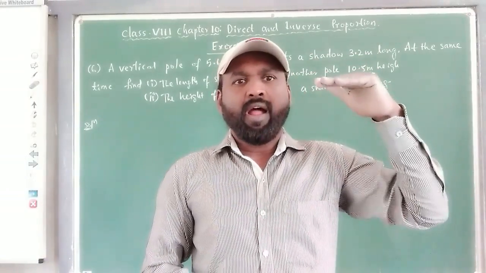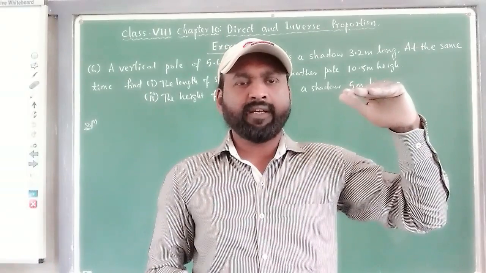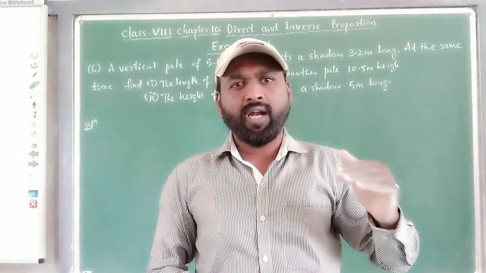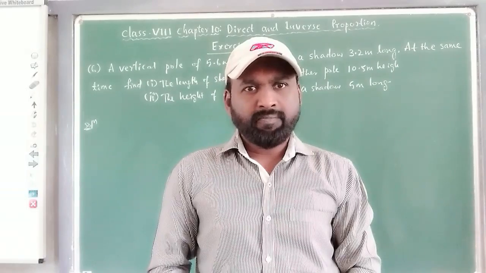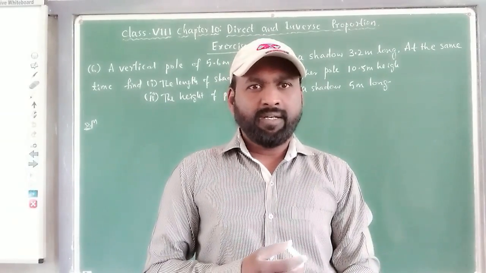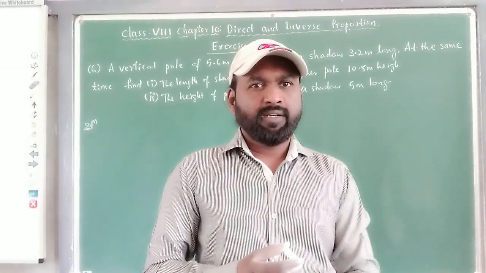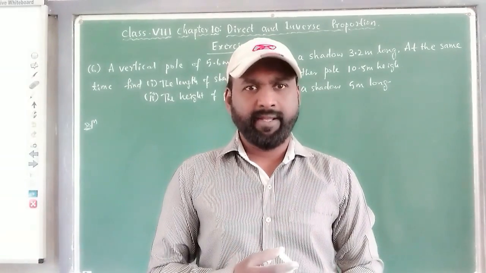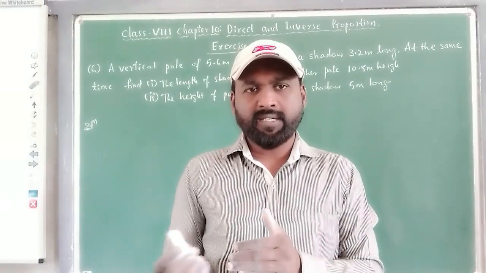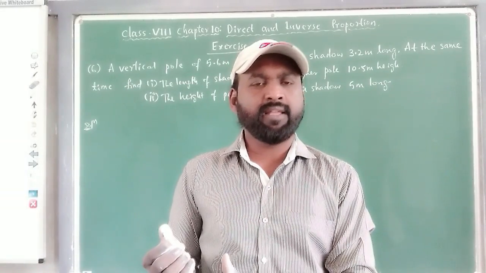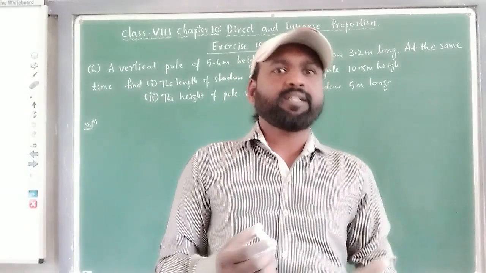The tallest will cast the long shadow, the shortest will cast a shorter one. That means a decrease in the length of the shadow. So what is the relation between the height and the shadow length? Both are in direct proportion.